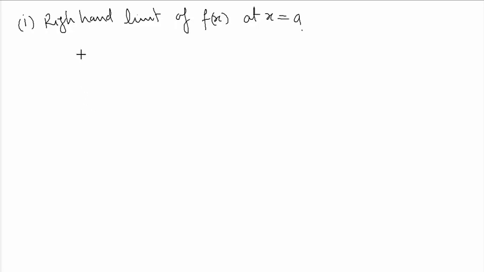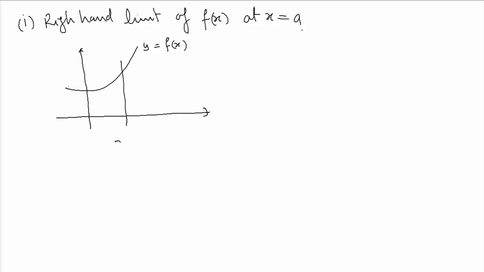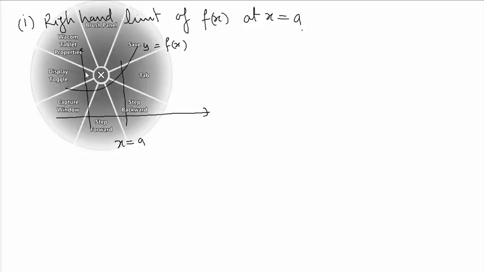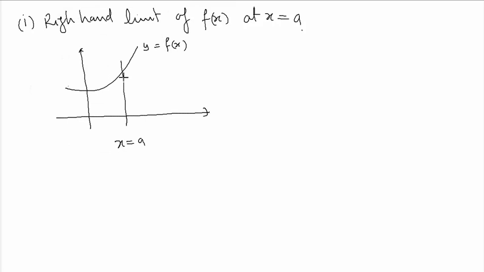So let us have some figure of a function. Let's say we have this function y is equal to f of x, and this is x equal to a, and this is any number, the value l. L is any finite number, it may be any number.